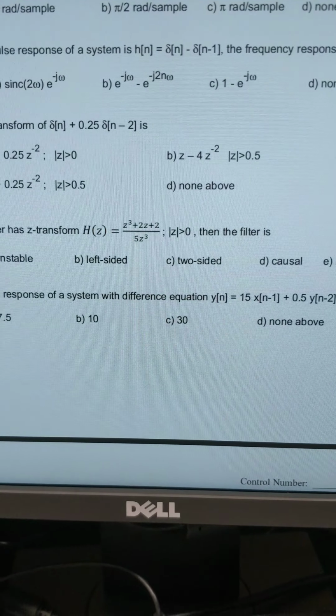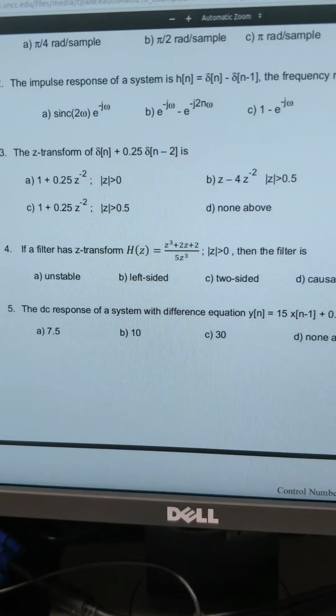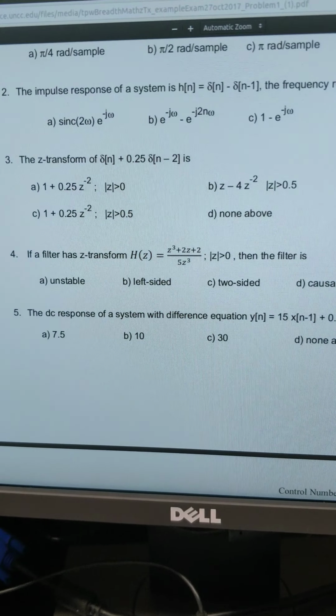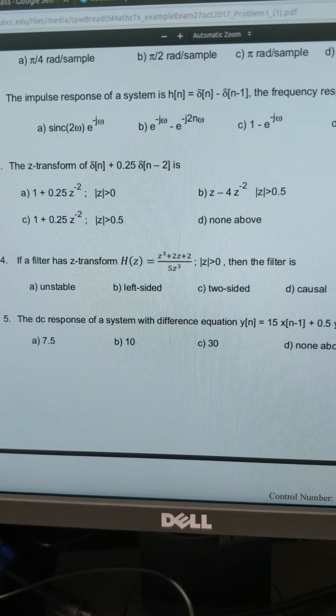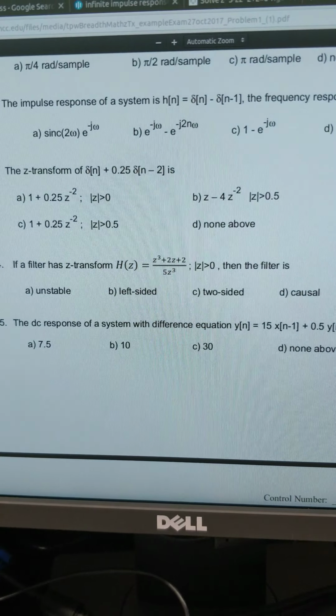Sorry, was z less than 0.5, or the magnitude of z less than 0.5. At that point, we would say that we would have a left-sided, given the same problem where we have 5z cubed plus some c in order to get 0.5 as our pole.